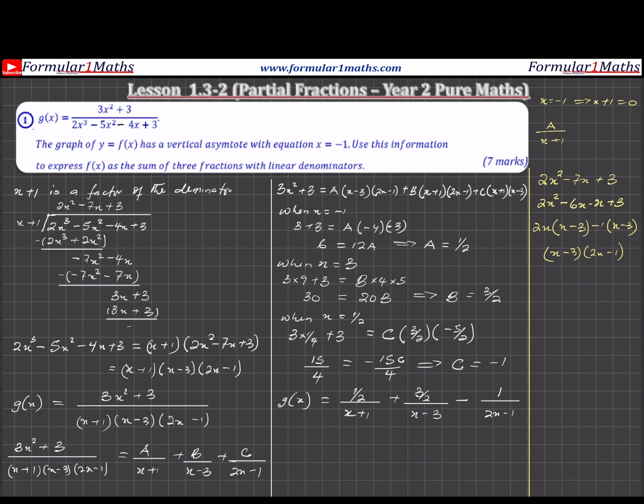If you simplify that, g of x finally becomes 1 over 2 brackets x plus 1, plus 3 over 2 brackets x minus 3, minus 1 over 2x minus 1. And these are the three partial fractions required for question 1.